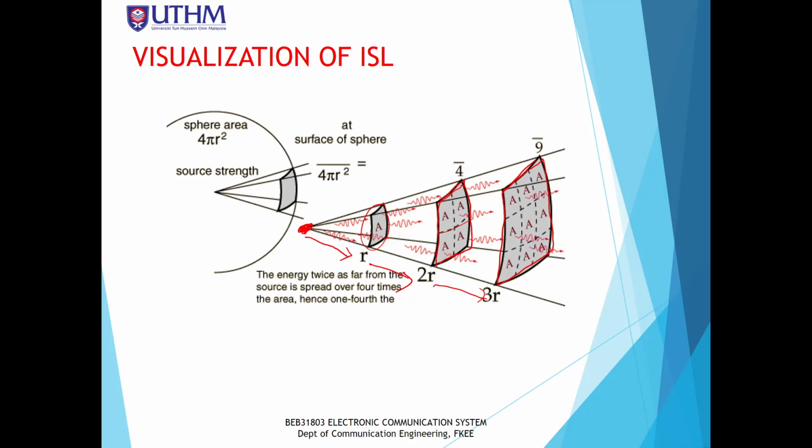Power multiplied with the gain. This is what we call power density, the power is spread in a bigger area. So that's why the power density becomes smaller, because the area becomes bigger. So power itu di spread kan, we spread the power in a bigger surface area. So here you're going to see that the power density becomes smaller.